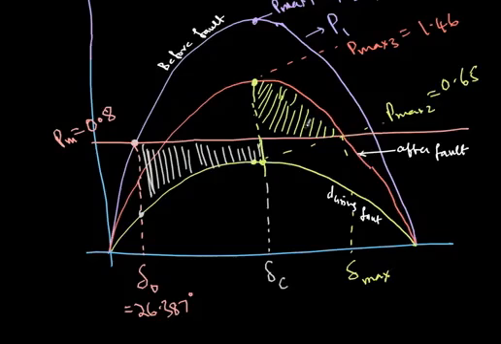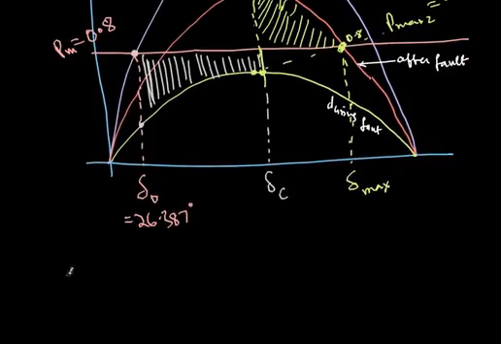So delta max I can actually find out. So how to find delta max? Because I know this curve, this is 0.8 and this point is 1.46. So from 1.46 and 0.8 I can do sine inverse. Then I'll get this angle that I have to subtract from 180. So first let me start doing that.